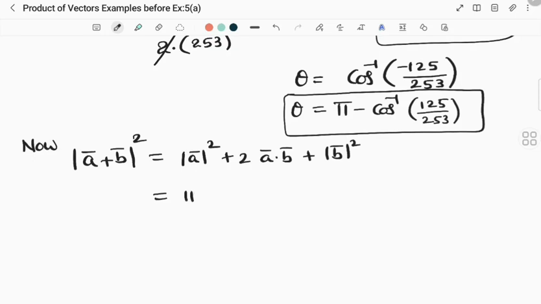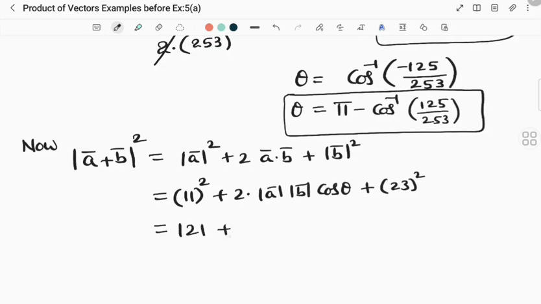Mod a bar square means 11 square, plus 2 into a bar dot b bar, the dot product of two vectors, mod a bar into mod b bar into cos theta, plus mod b value 23 whole square. So 11 square is 121 plus 2 into 11 into 23 times the cos theta value we got, minus 125 by 253, plus 23 square.